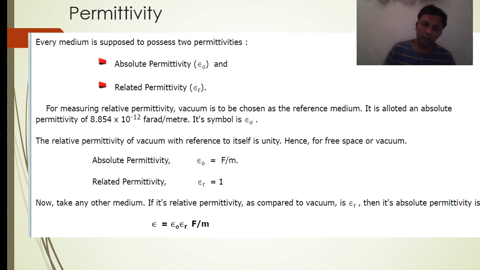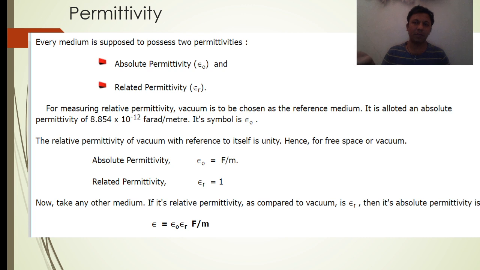So there is absolute permittivity and relative permittivity. Relative permittivity is defined as epsilon r. Every material has a different relative permittivity. Absolute permittivity is always constant for every material, but relative permittivity is different for every material.